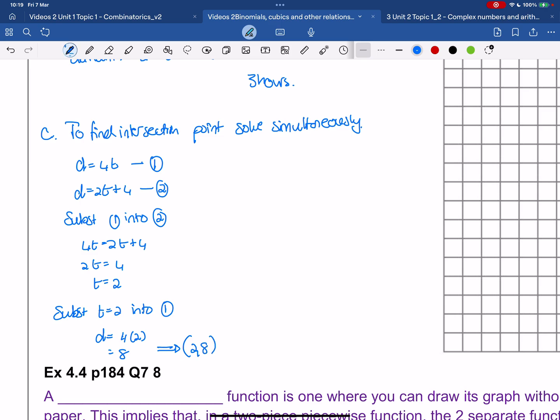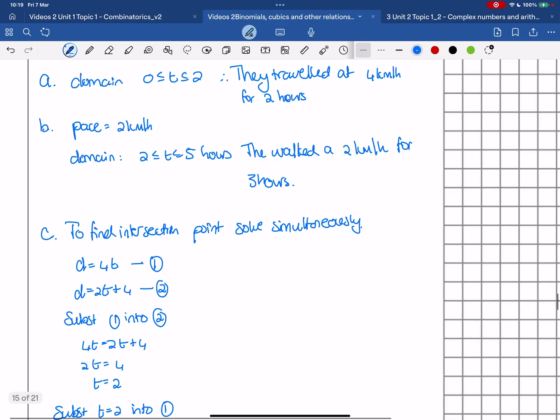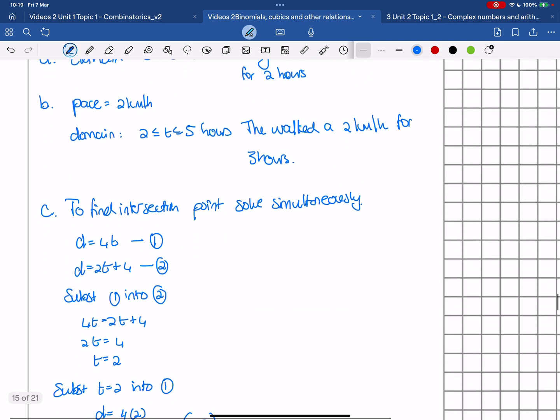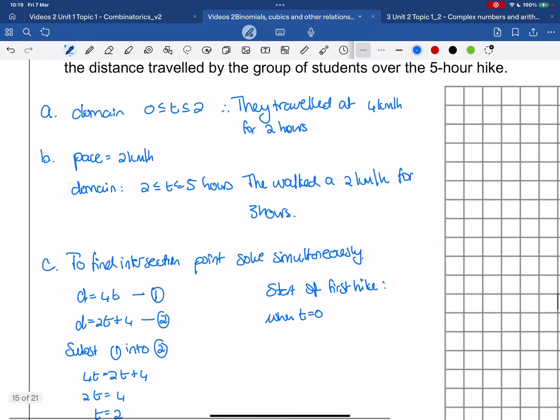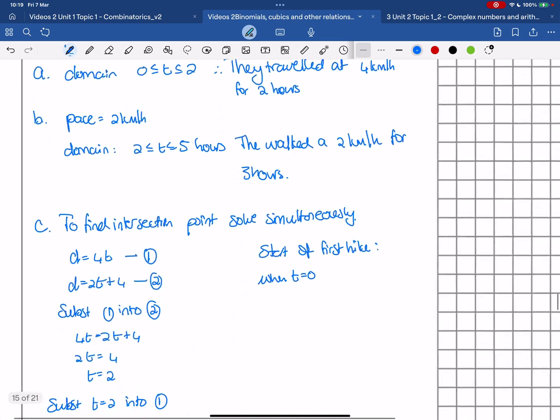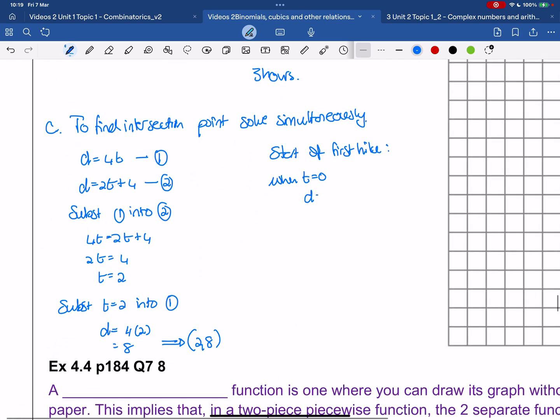All right. Now, I need to know where these things start and end. So the start of my first hike is when t equals 0, and we're using the equation d equals 4t, so d equals 0. So I'm starting at 0, 0, and I'm going up to 2, 8.